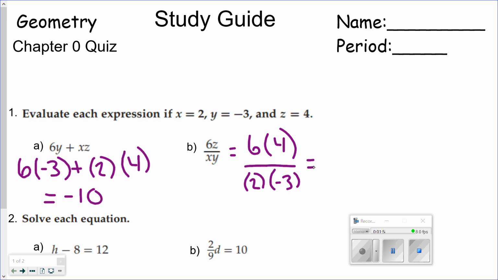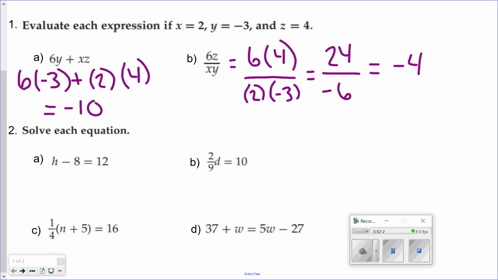I don't want to just plug this in my calculator, because your calculator will do order of operations and it might mess up your answer. So I want to actually do 6 times 4 first in the numerator and simplify that to 24 divided by 2 times -3, which is -6. Now I can plug this in my calculator if I need to, and we know that this is equal to -4.